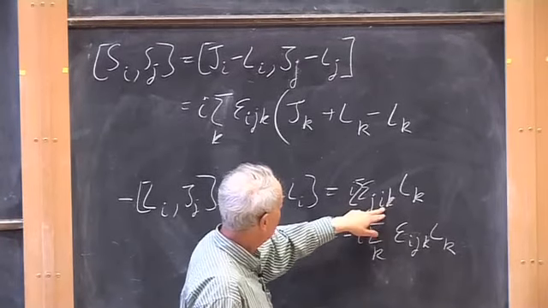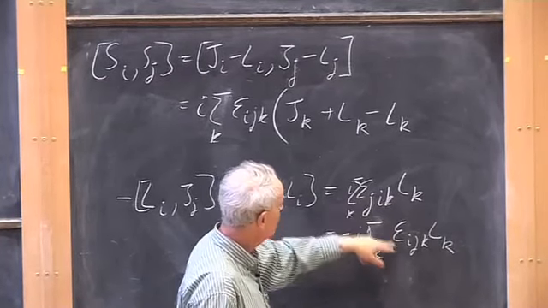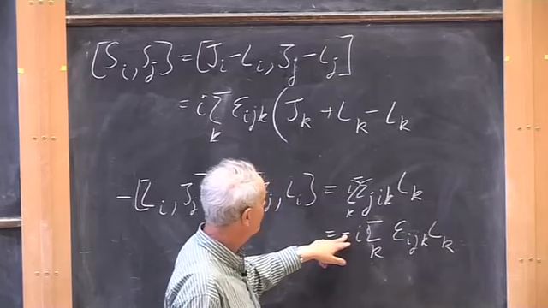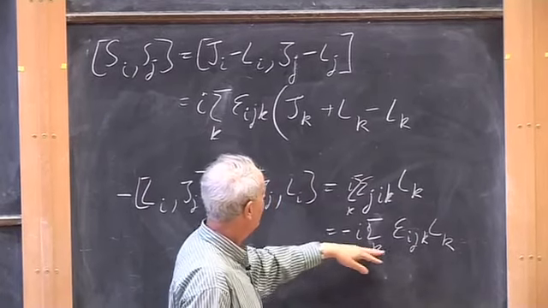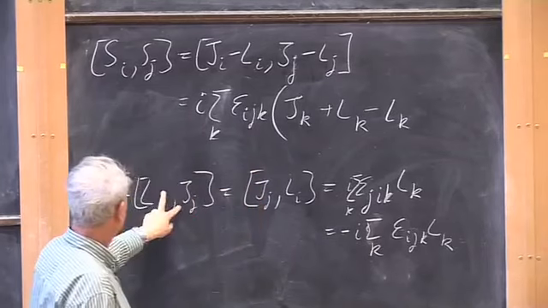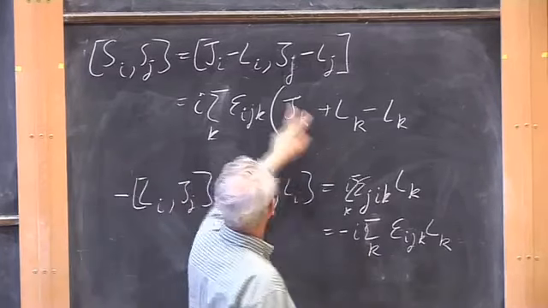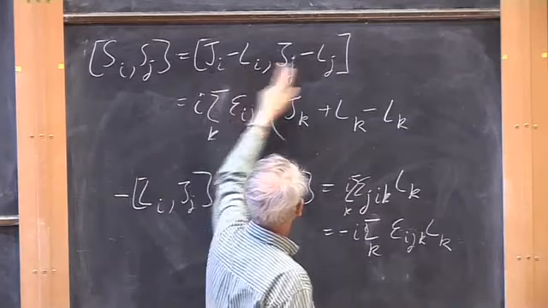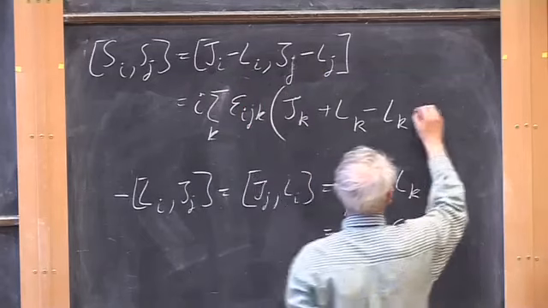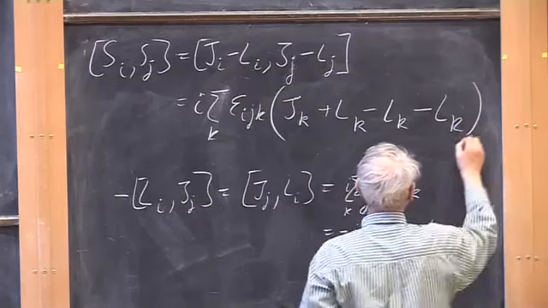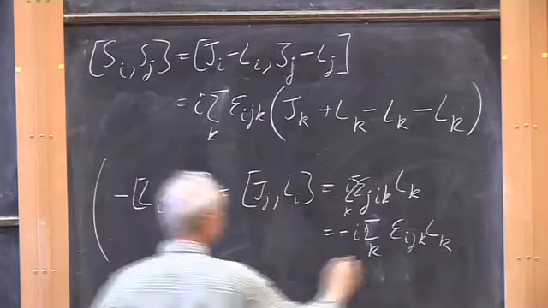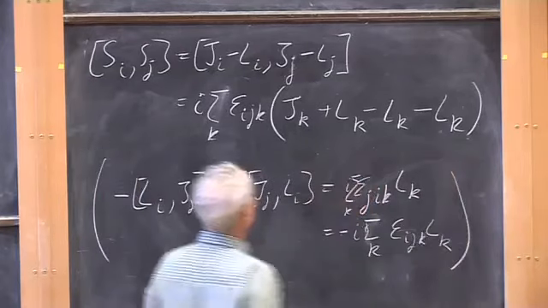But I would like to have this in the order ijk, so I swapped those two over and introduced a minus sign to compensate. And then you can see that this thing, including that minus sign, is the same thing as this thing, including that minus sign. So we have a minus another Lk. So this is the justification for that last term there.